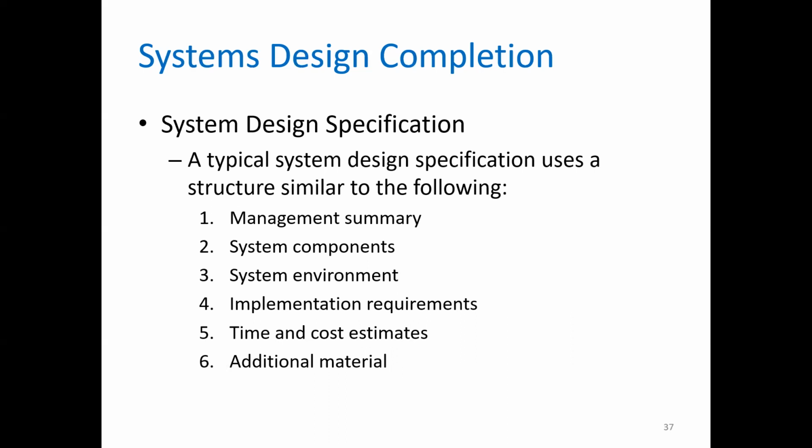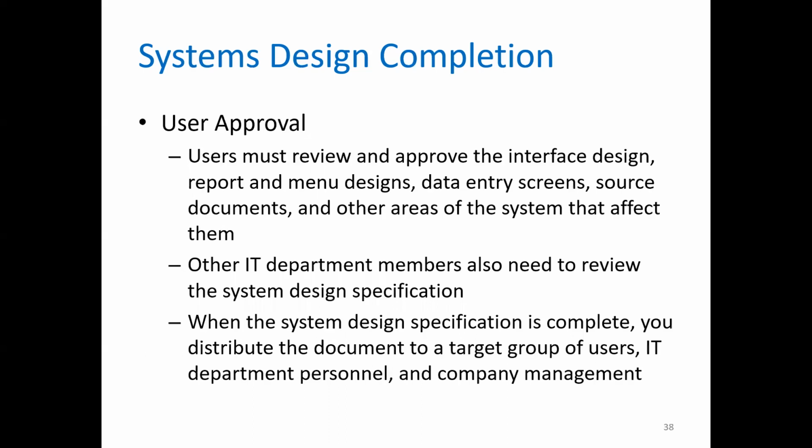You also present total costs to date for the project and compare those costs with your prior estimates. And finally, additional material. This can be included at the end of the system design specification. You might insert documents from earlier phases if they would be helpful to the readers.